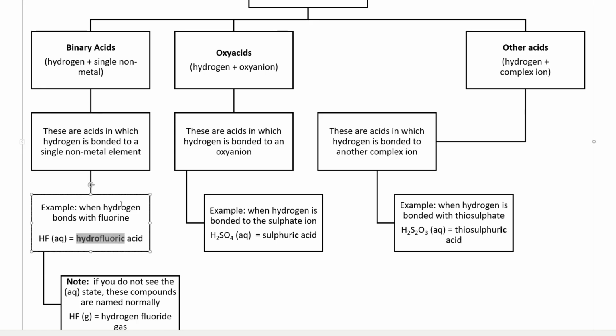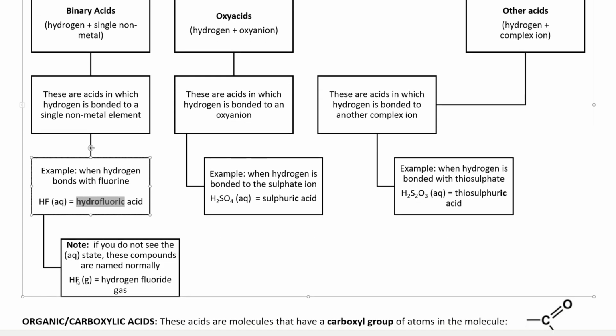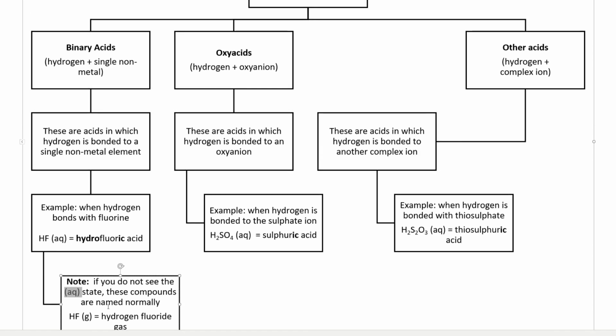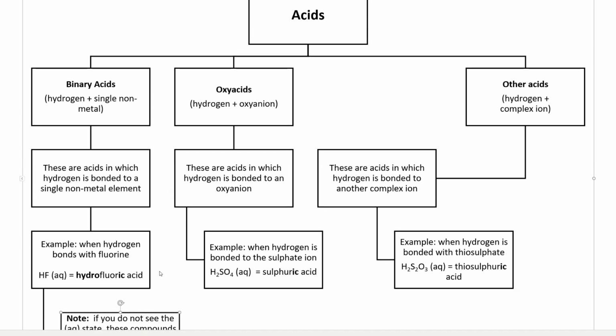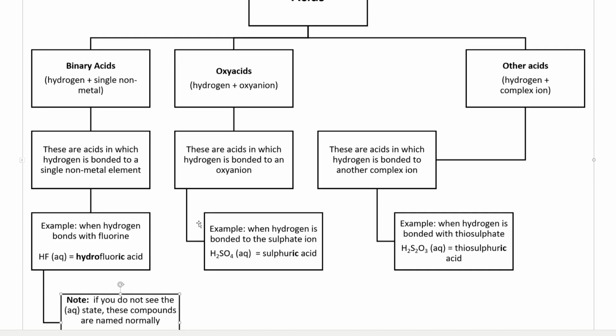When hydrogen bonds to a single nonmetal, you write hydro-blank-ic acid. If there's no aq state, so if it's not dissolved in water, you just say hydrogen fluoride, or however you would name these compounds normally. Then you can have an oxyacid, so hydrogen bonded to an oxyanion.